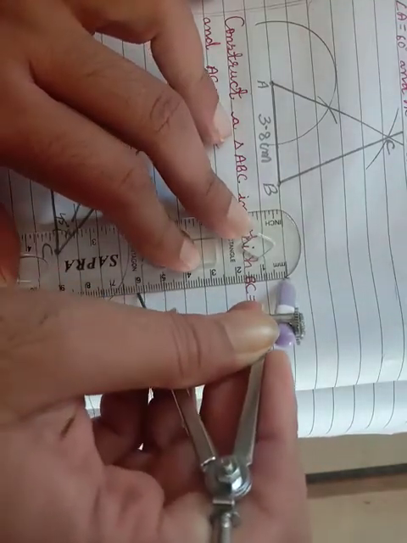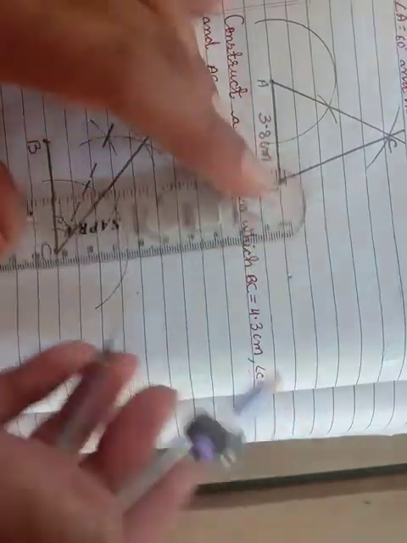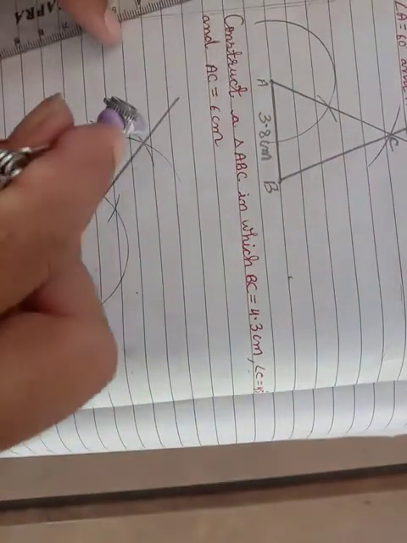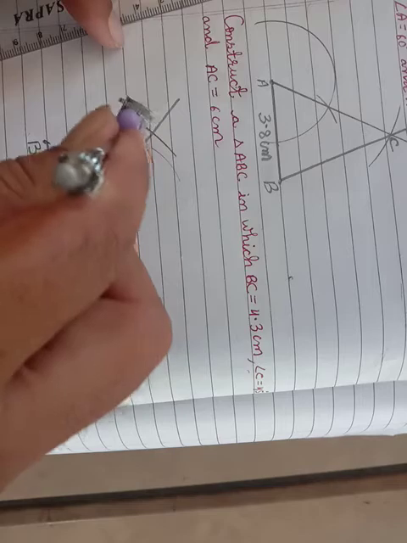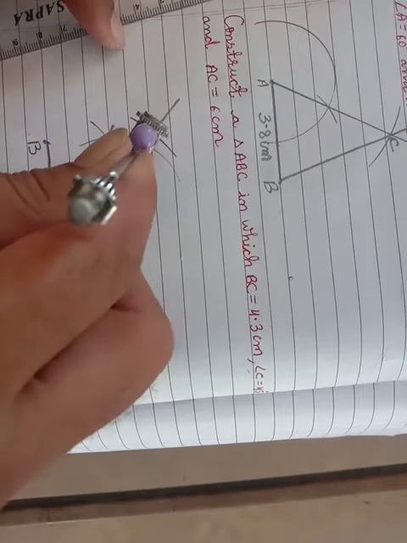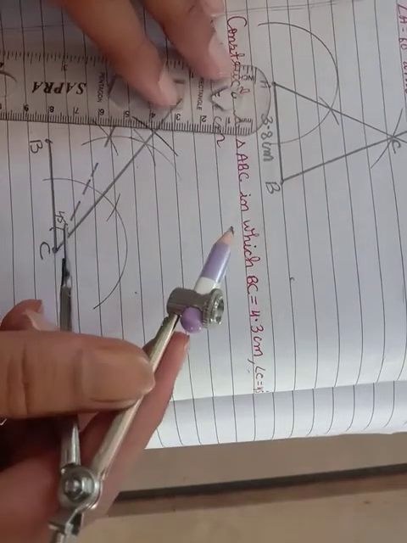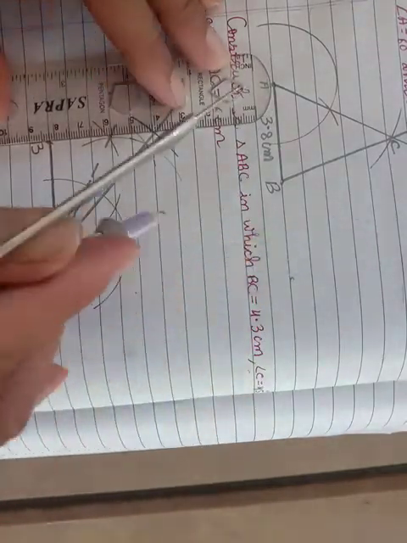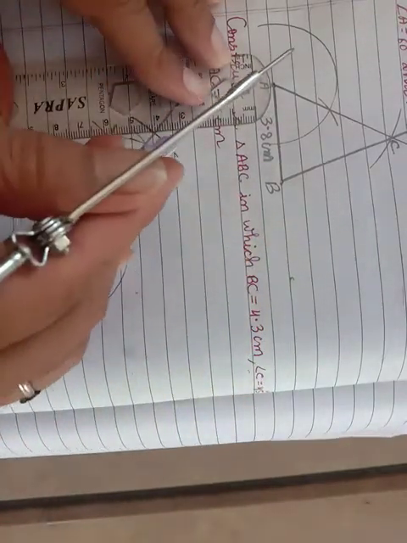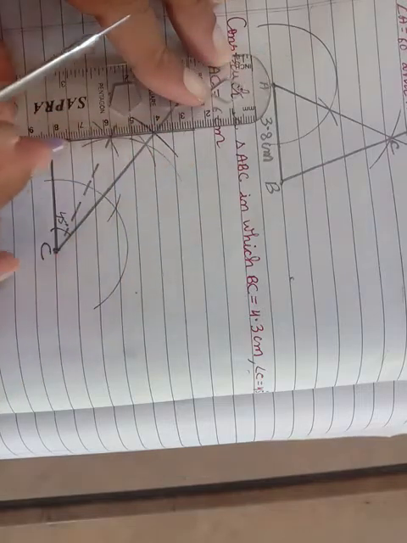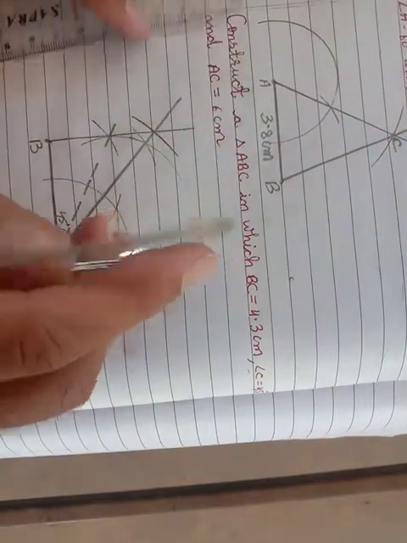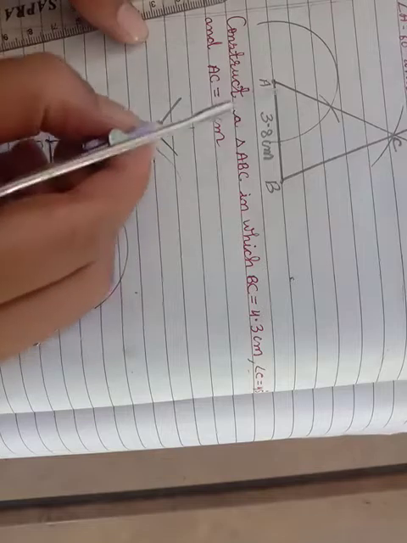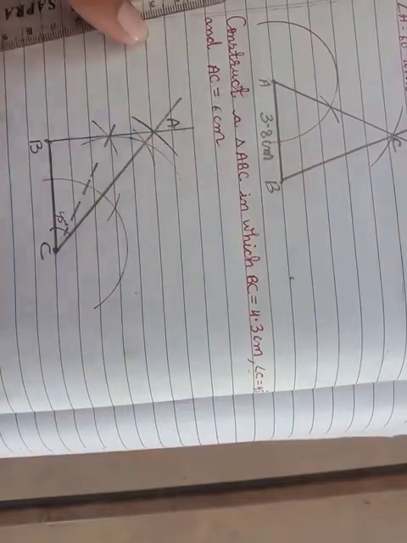This is 6 centimeter and from point C I will cut here. This is point A. Here it is. Okay students, now I have to join with this. Thus here triangle ABC gets formed.